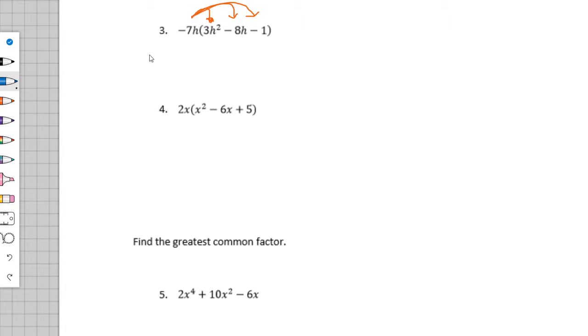Negative 7 times 3 is going to be negative 21. h times h squared is going to be h cubed. Negative 7 times negative 8 is going to be a positive 56. And h times h is going to be h squared. Then negative 7 times negative 1 is going to be a positive 7h.